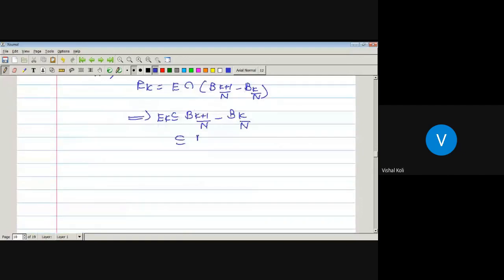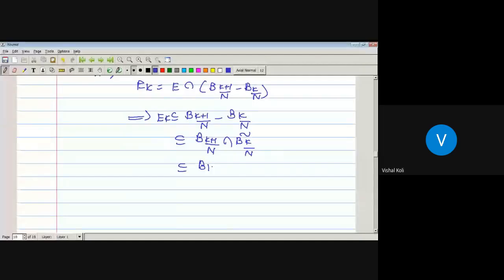Since B_{k/n} is a negative set with respect to the signed measure gamma, E_k is a subset of B_{(k+1)/n} intersection the complement of B_{k/n}.